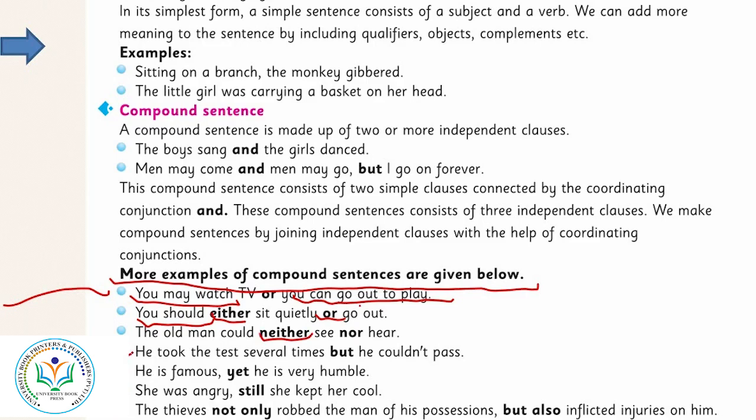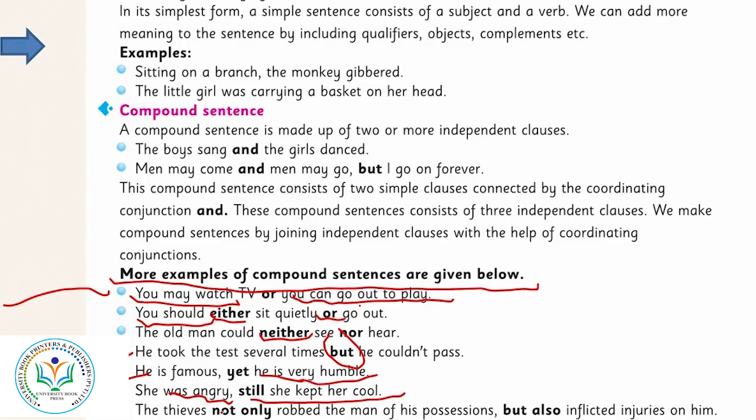Look at the fourth one. He took the test several times but he couldn't pass. But is a coordinating conjunction here. He is a farmer yet he is very humble. She was very angry, still she kept her cool. Still is also a coordinating conjunction here. Look at the last one.